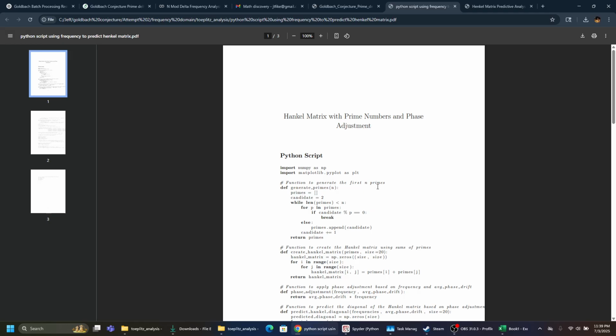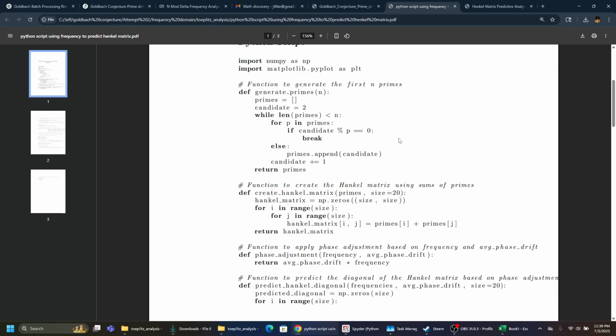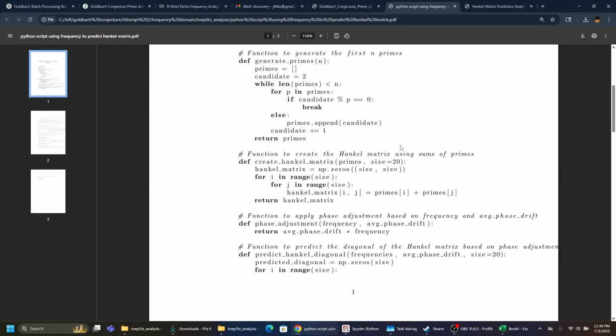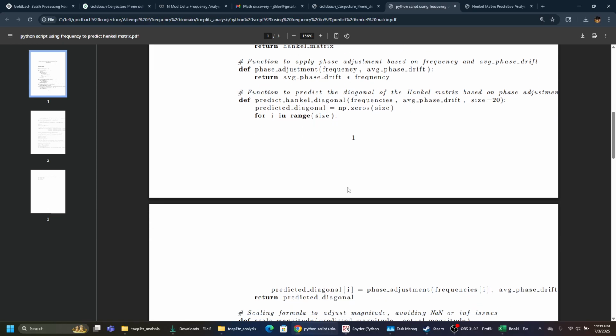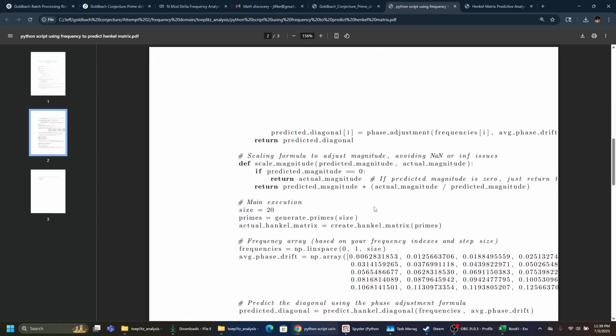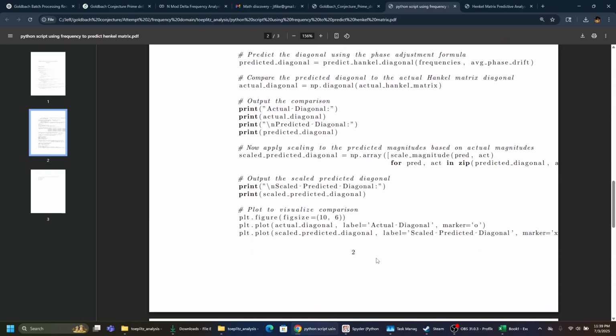So this is a Python script that I wrote. We created a Hankel matrix with a sum of primes. We applied phase adjustment and diagonal, scaled the formula, and we accounted for the drift, and we created a diagonal.